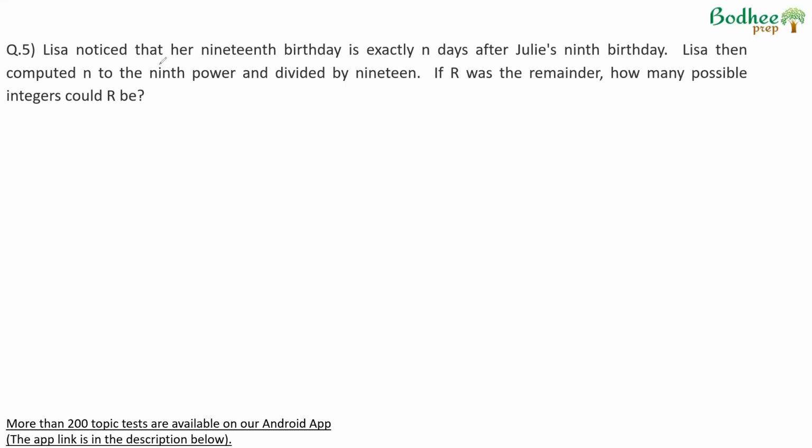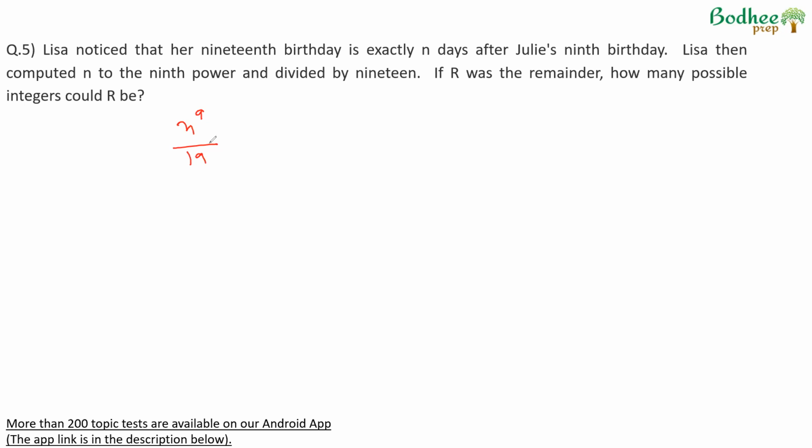Lisa noticed that her 19th birthday is exactly n days after Julie's 19th birthday. Lisa then computed n to the 9th power and divided by 19. If r was the remainder, how many possible integers could r be?